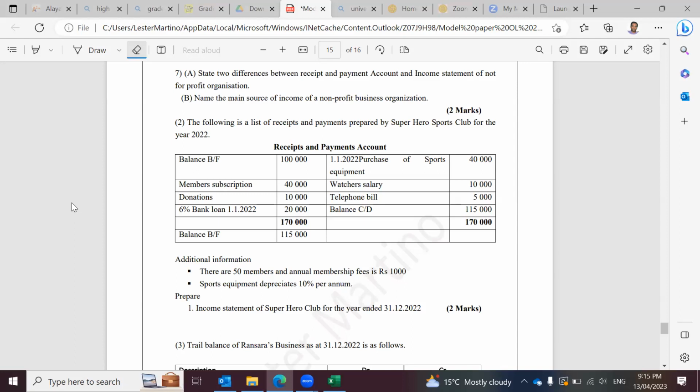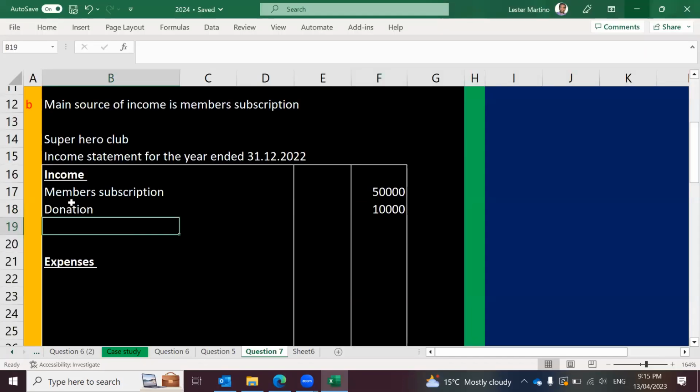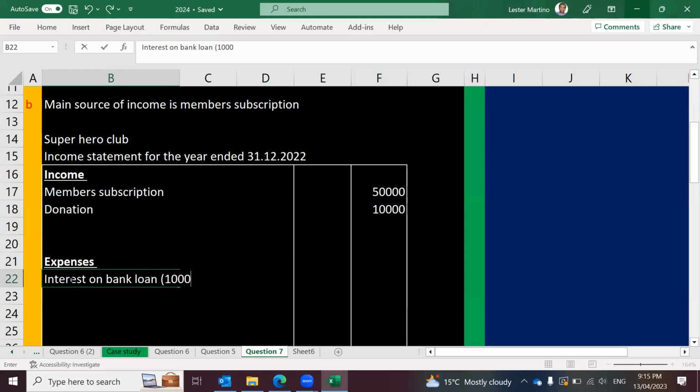So you need to account for interest on bank loan. It's an expense. It's 20,000 at 6%, 1,200. Interest on bank loan, 1,200.